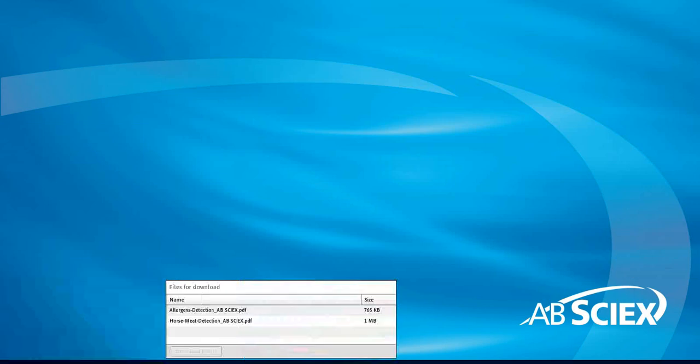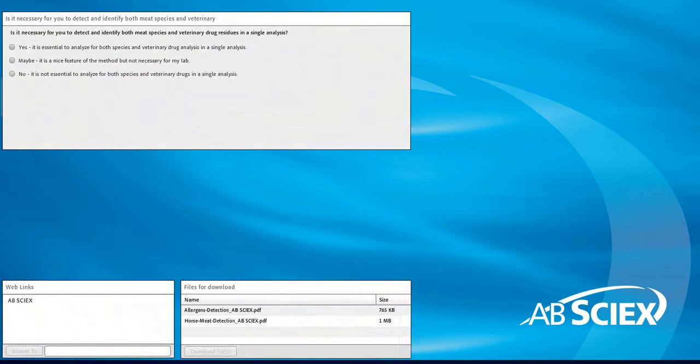Lauren, the second poll question, please. Yeah, so one more very quick poll question for everyone. The question is, is it necessary for you to detect and identify both meat species and veterinary drug residues in a single analysis?